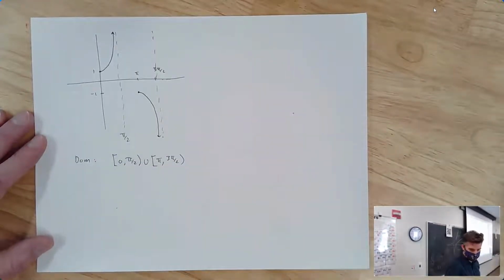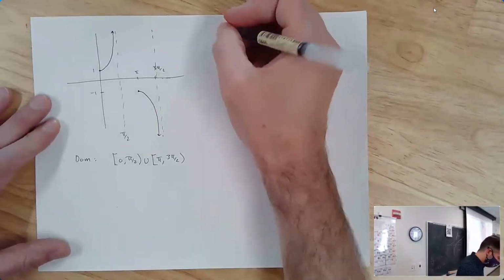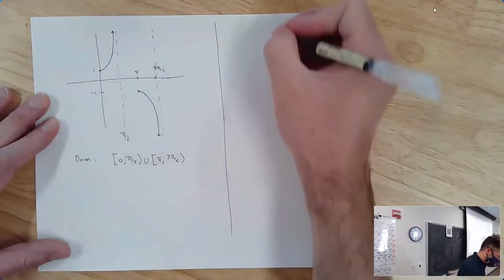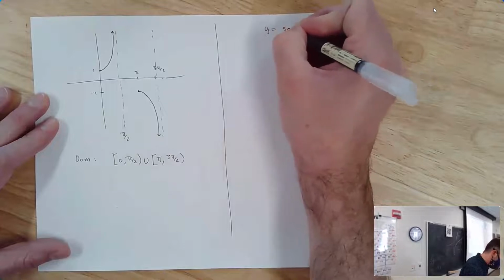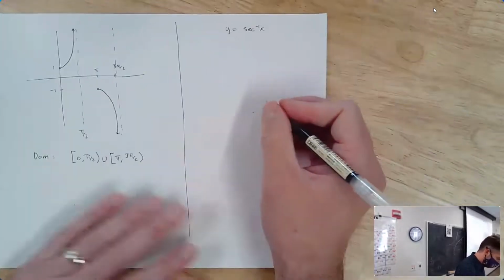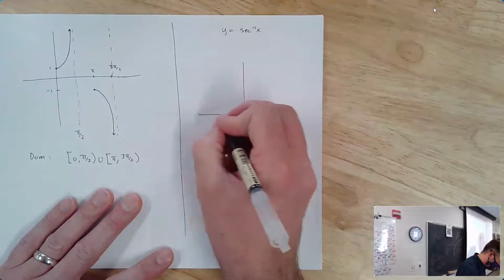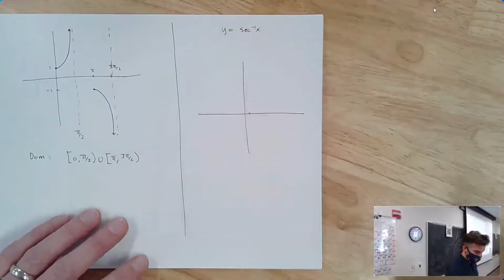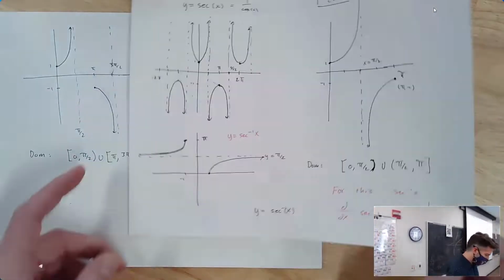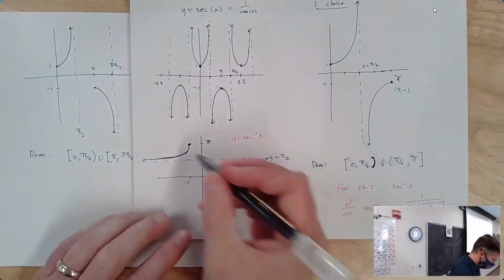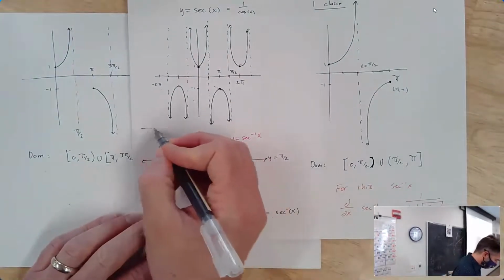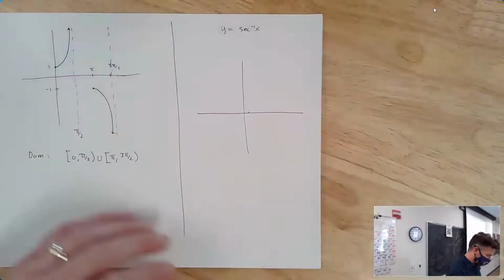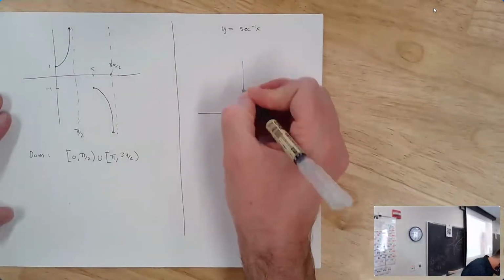And then when we draw the inverse, the right side's still the same as it was before, right? We're still going to get this piece here. But instead of getting this piece here, we're going to get it going up like that over there. So we still have this asymptote of pi over 2.